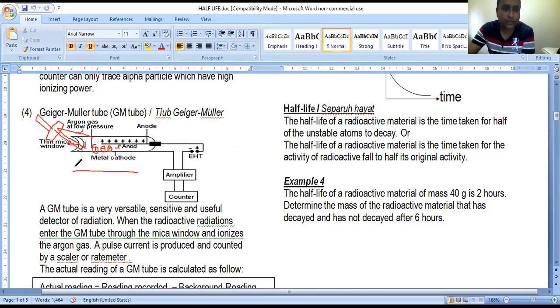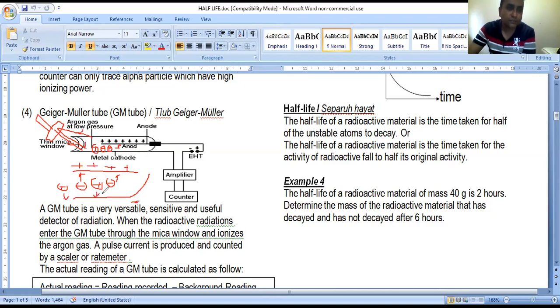Let's say this is your thin wire, so your thin wire is positive, and the body here is negative. So the negative goes up, the positive goes down.